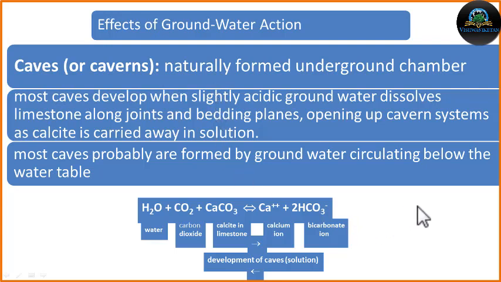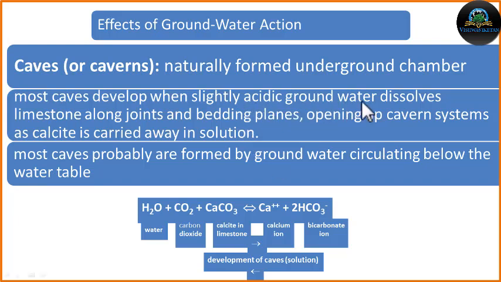Most of the caves are developed when slightly acidic water dissolves limestone along the joints and bedding planes, opening up cavern systems as calcite is carried away in the solution.